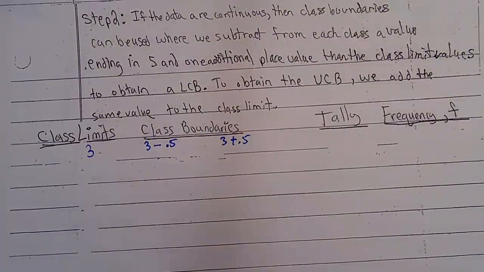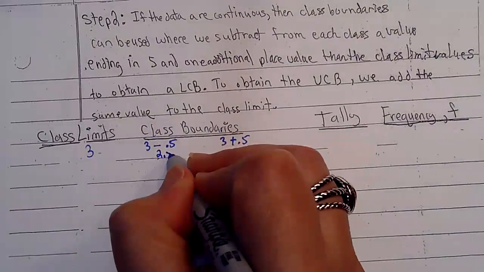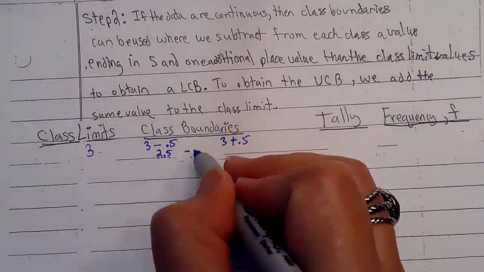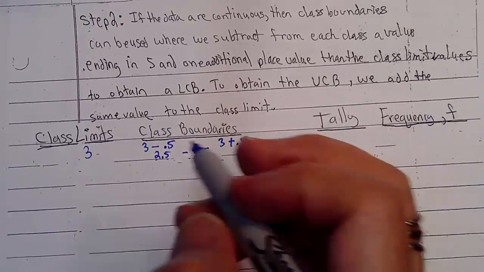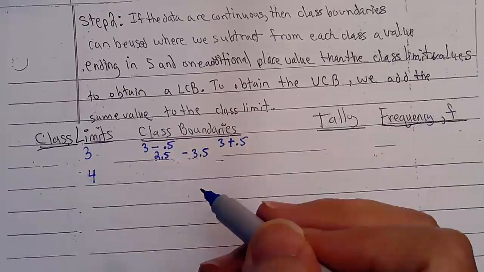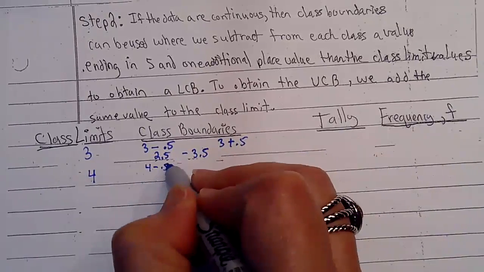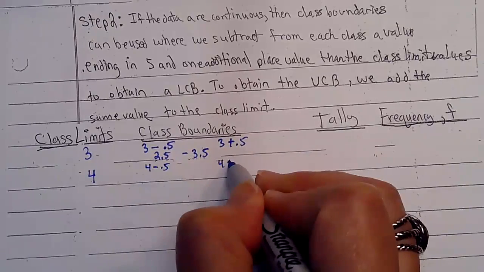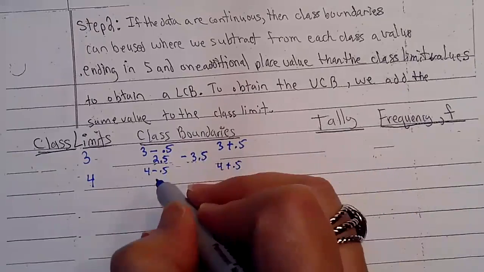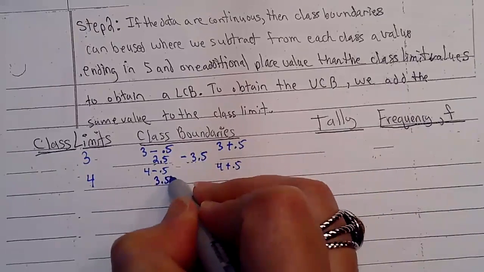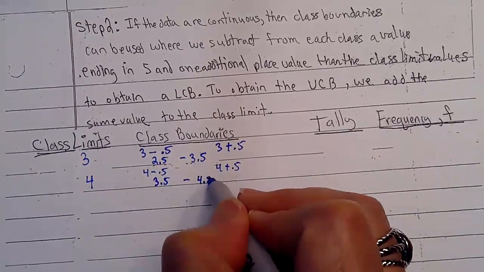So 3 take away 0.5 is 2.5, and 3 plus 0.5 is 3.5. For 4, I do 4 take away 0.5, which is 3.5, and 4 plus 0.5, which is 4.5.